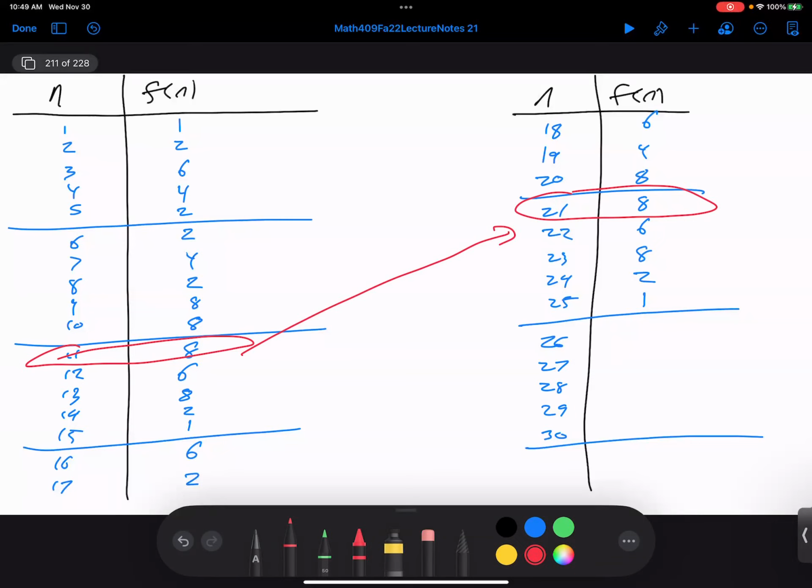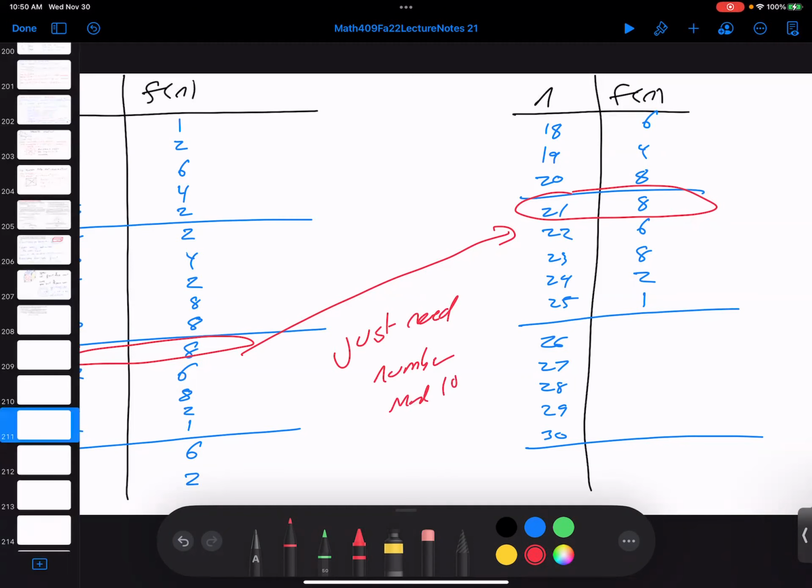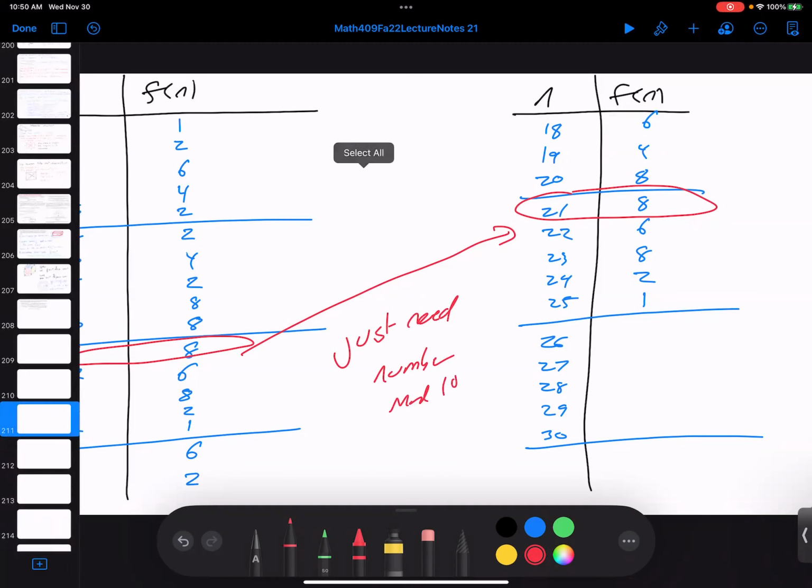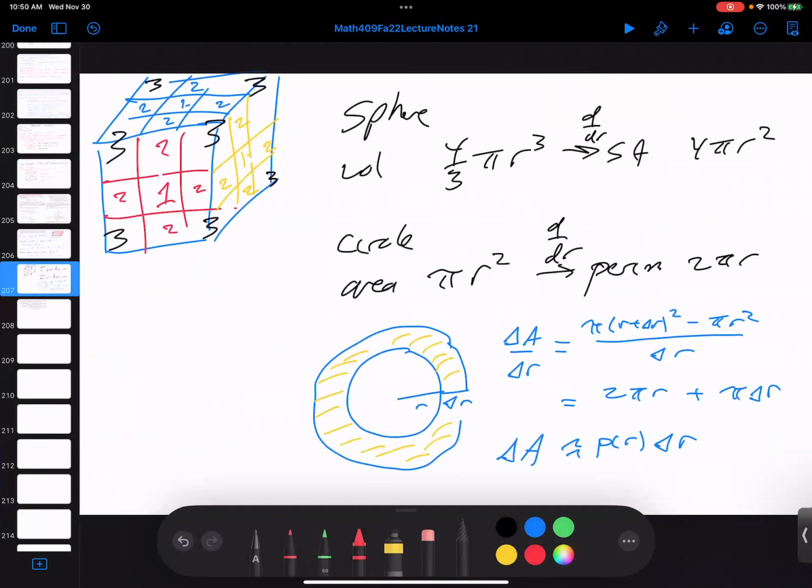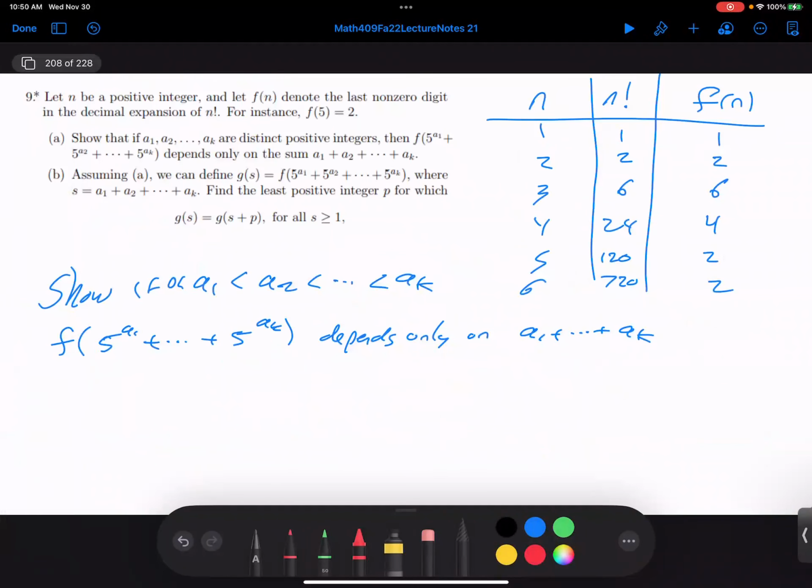As long as your number is at least 11, I think all that matters is what your number mod 10 is, which is just the ones digit. Hopefully what this means is that the value of 5a1 plus 5ak, if we only care about it mod 10, should just be related to the sum of the exponents.